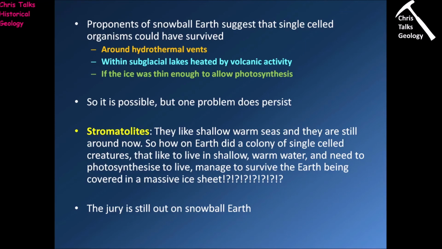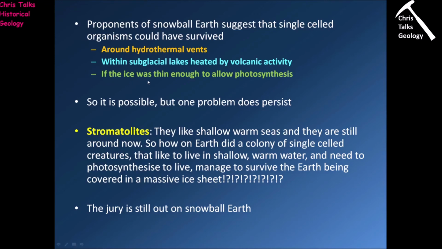This can lead to the formation of a subglacial lake, which is a body of water that's trapped between the ice sheet and the volcano surface. And obviously that body of water will be kept constantly warm by the heat from the volcano. So this environment once again would offer a possible reservoir for life to have made it through the snowball Earth event.